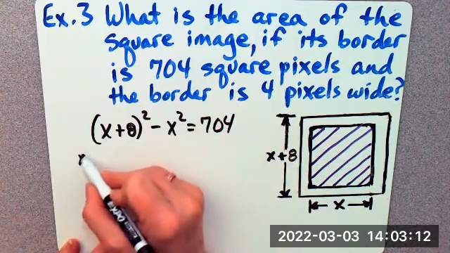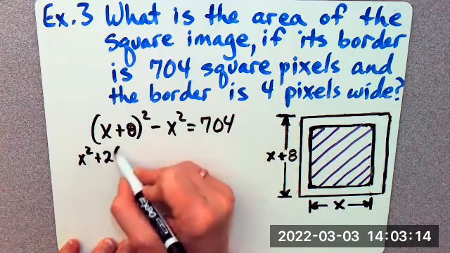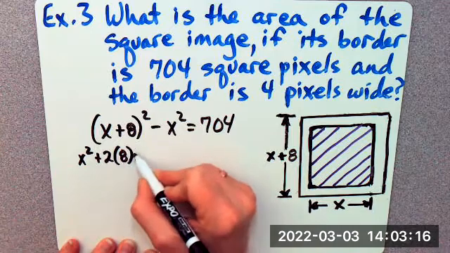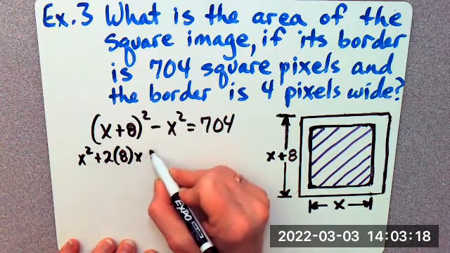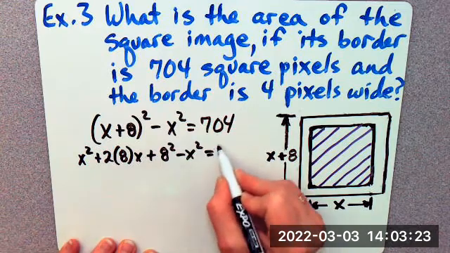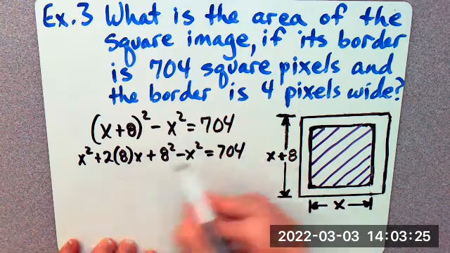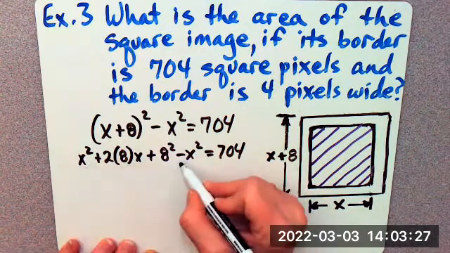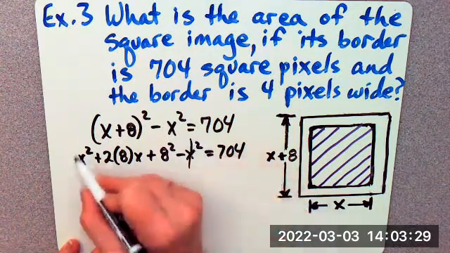So this becomes x squared plus 2 times 8x plus 8 squared minus x squared equals 704. We see we have additive inverses on the x squared, so those cancel.